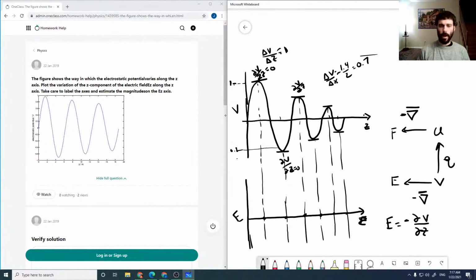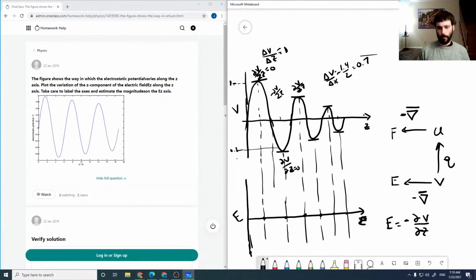Okay, so these points will be my 0 crossings, and then I really need to just join them up in between. My maxima are actually going to occur where the potential crosses 0, but remember my E field is minus dV by dz, meaning the derivative here will be negative, so this will actually be positive. My derivative here is positive, so this will actually be negative.